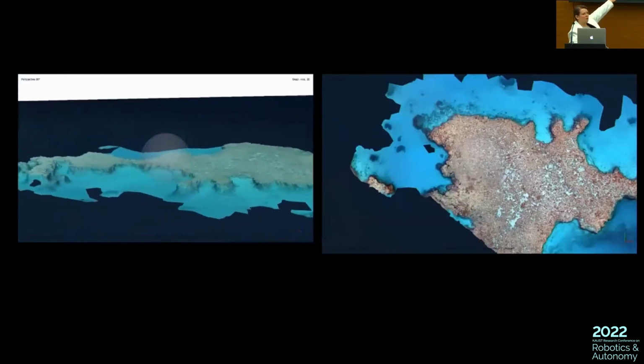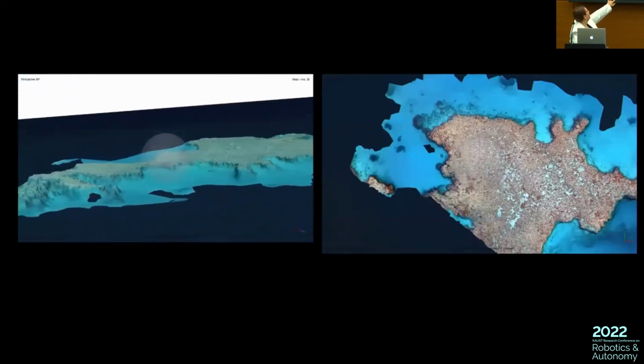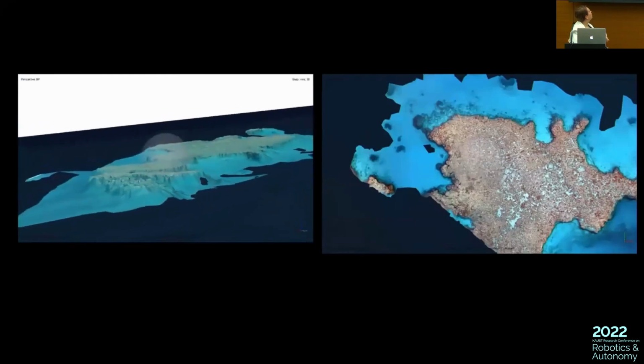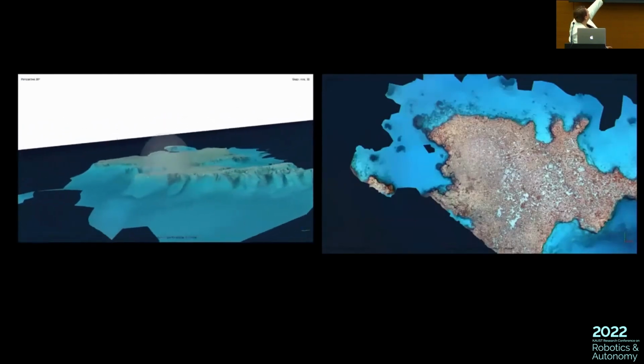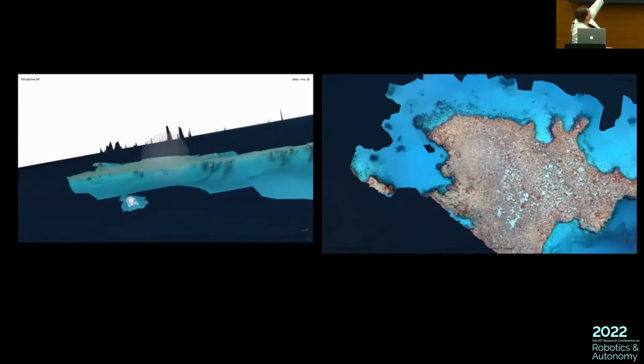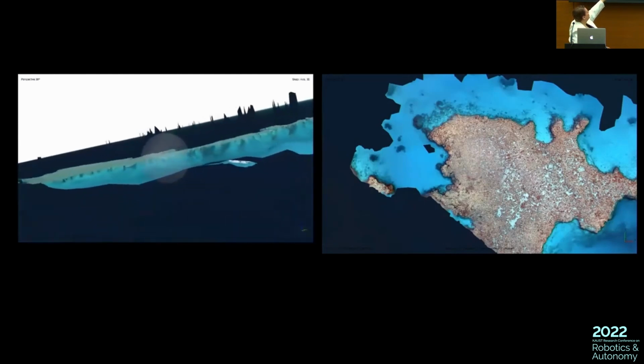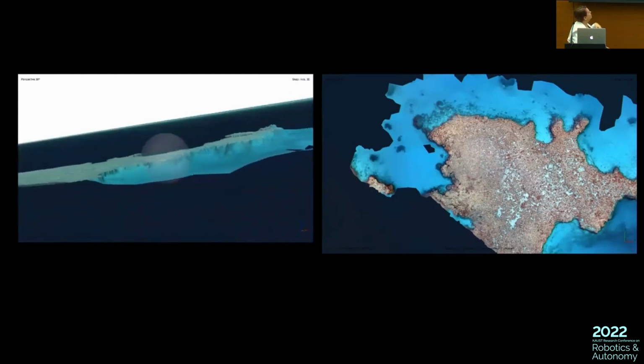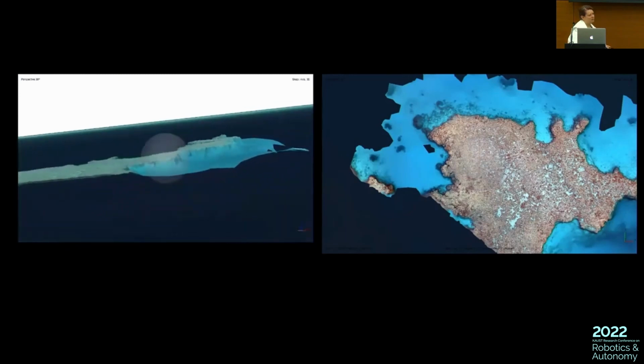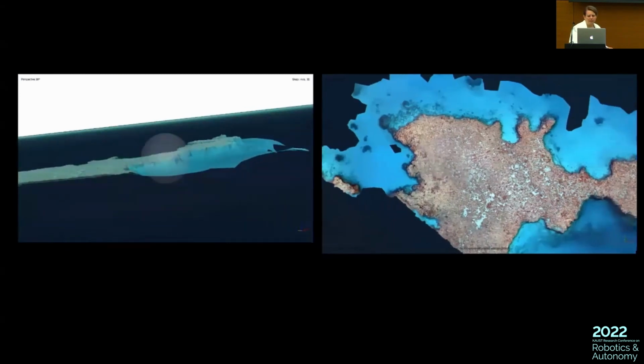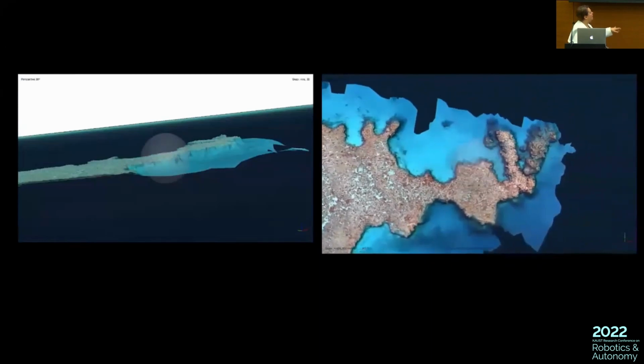So this is the blue that hasn't been corrected for color. And you can see some of these sides are kind of blobby. It doesn't come in clear.